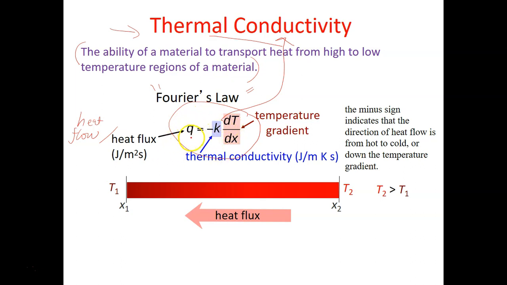The units can be represented as watts per meter squared for heat flux, and watts per meter Kelvin for K. The minus sign indicates the direction of heat flow is from hot to cold, or down the temperature gradient.